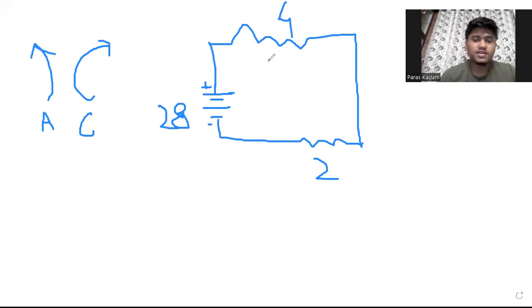So first we will assume the direction of current to be clockwise. After assuming the direction to be clockwise, we will go around the circuit in the direction of the loop.